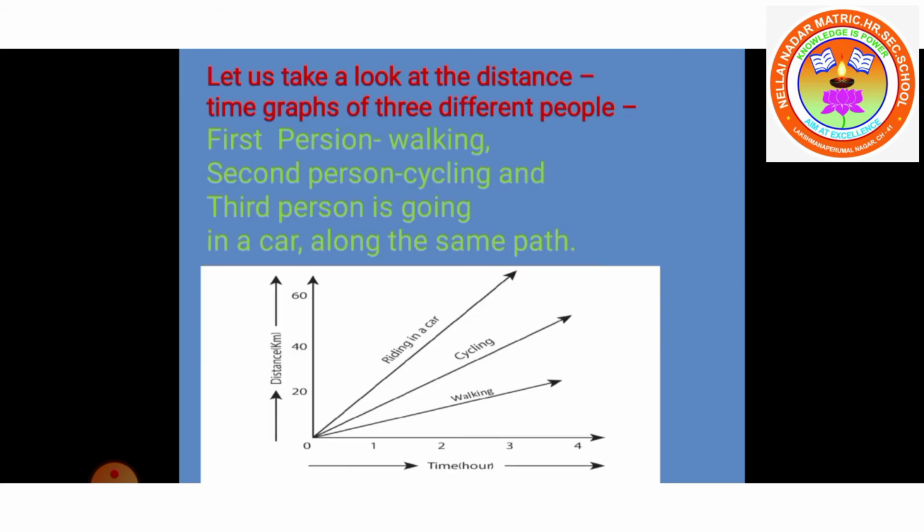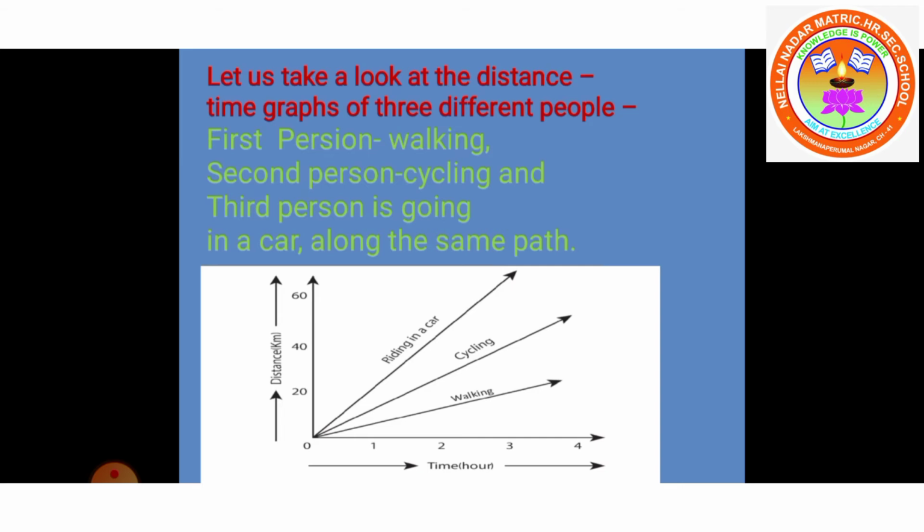So based on this, let us take a look at the distance time graph of three different people. The first person is walking, the second person is cycling, and the third person is going in a car. Here the three persons are traveling along the same path.